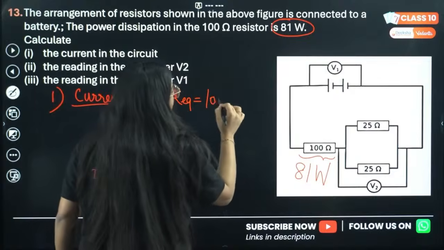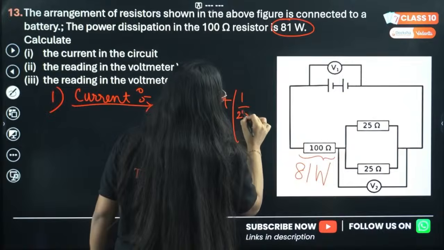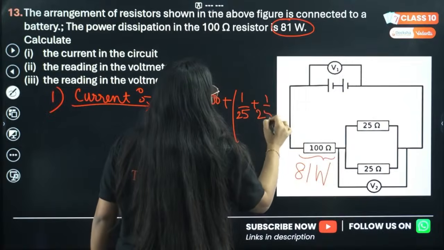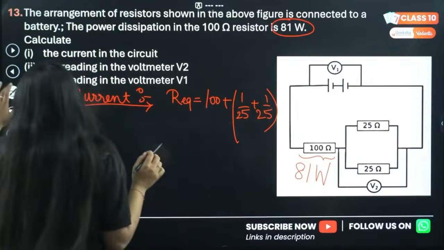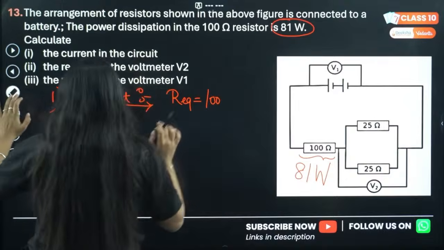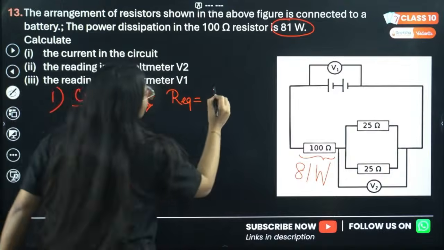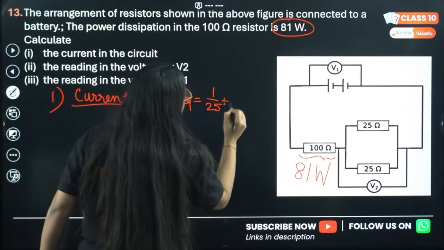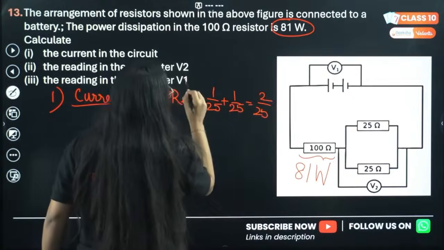So this is 100 plus these two are parallel. So what we'll do, 1 by 25 plus 1 by 25, that will be 2 by 25, and this is 1 by R equivalent.